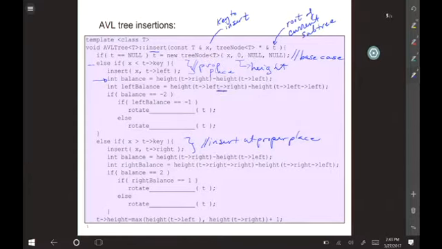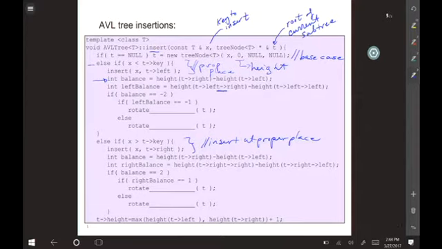Excellent. That's right. I just inserted something there, so I know it's not null. Phew. Otherwise, I'd have to be careful, but I don't. So it's perfectly safe for me to check left balance as well. Now the rest of it is just exactly what we saw on the previous page, 2 pages ago. If the balance is -2 and the left balance is -1, what kind of rotation will fix this?